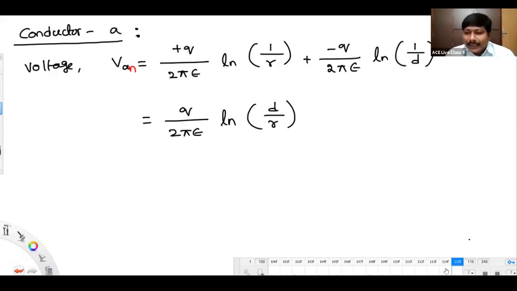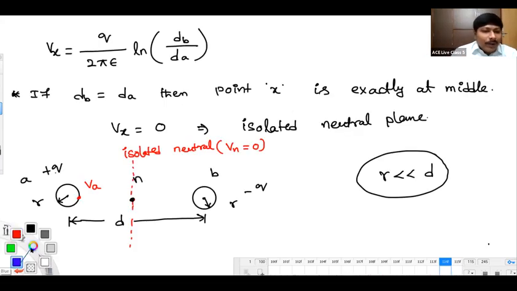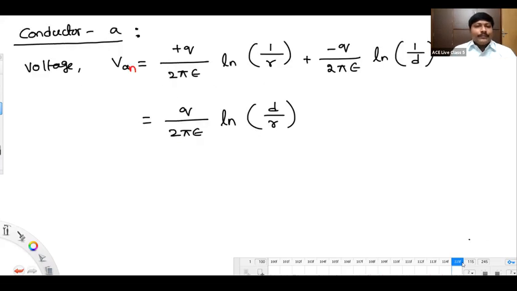Capacitance. I'll say the capacitance formed from conductor A to neutral. Let's write the capacitance from conductor A to neutral. I'll call it CAN.